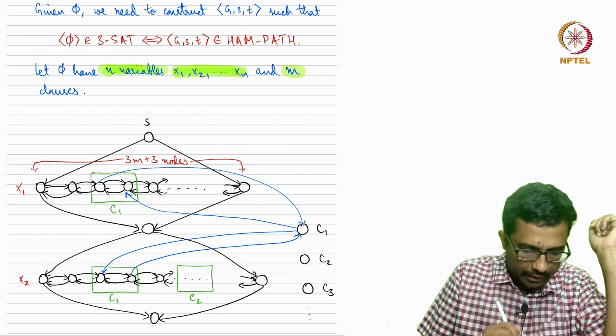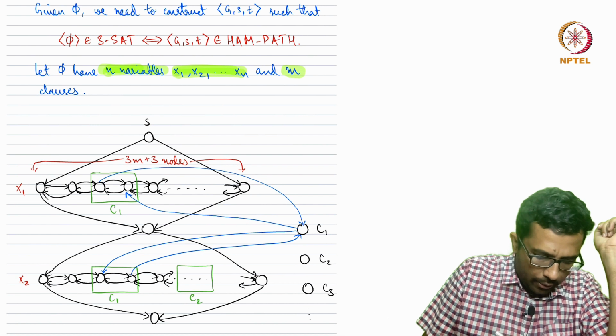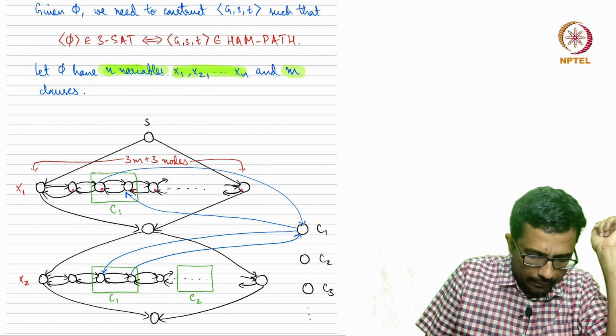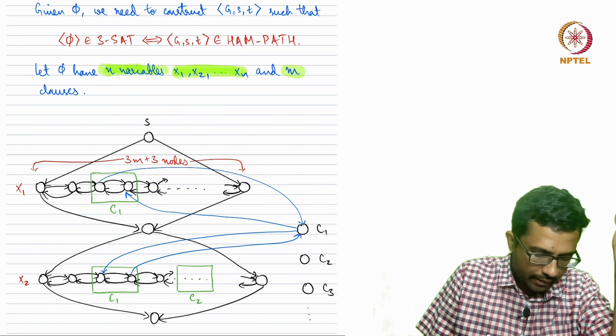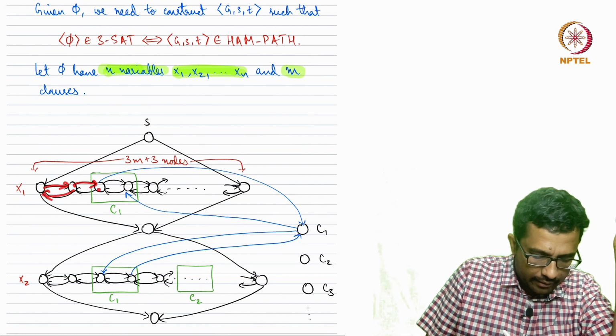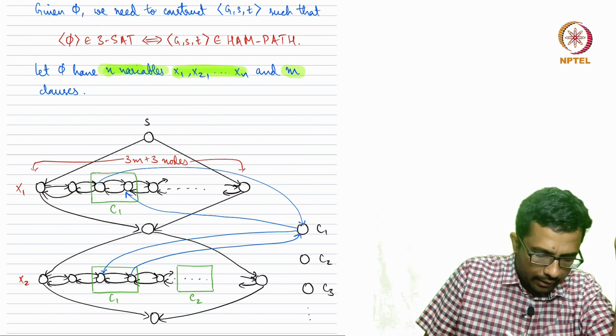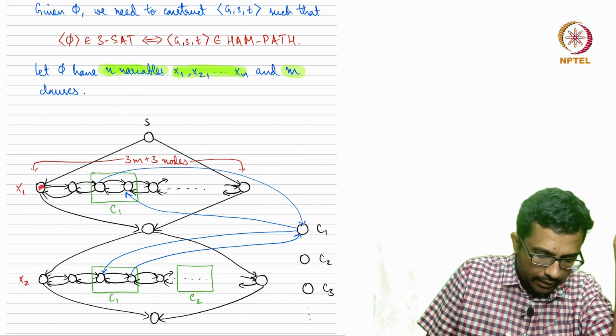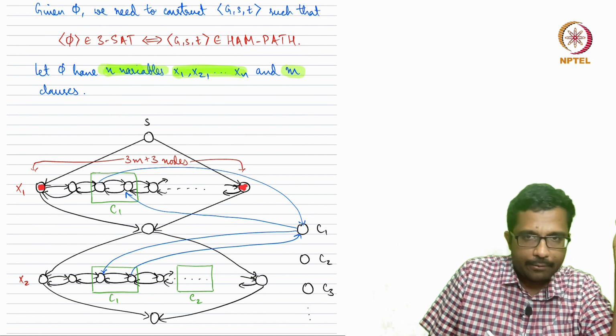So everything is pointing downward, and now there are these intermediate vertices, sometimes I call them nodes, where I have edges in both directions, going from left to right as well as right to left. There are 3m plus 3 vertices here, including the leftmost one and including the rightmost one.